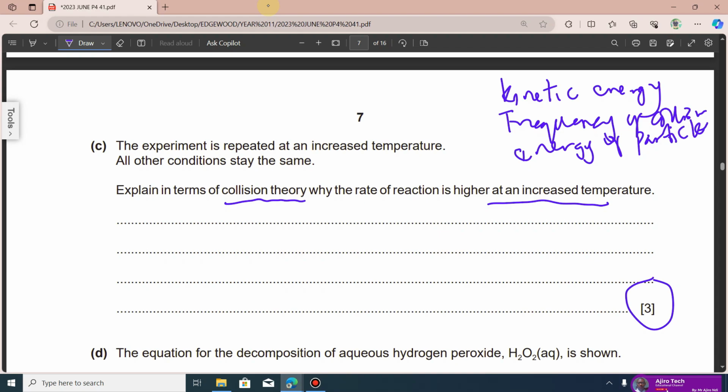So explain in terms of collision theory why the rate of reaction is higher at an increased temperature.